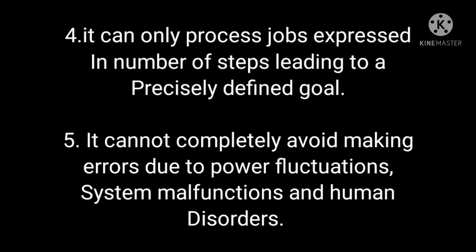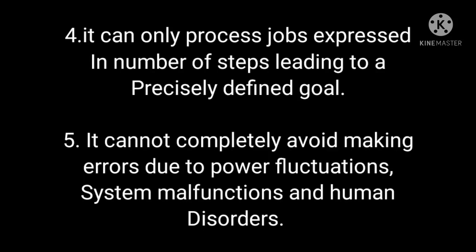What does it mean? It means the computer only processes the job which is precisely defined. Number 5 is it cannot completely avoid making errors due to power fluctuations, system malfunctions, and human disorders. So these are the limitations of a computer system.